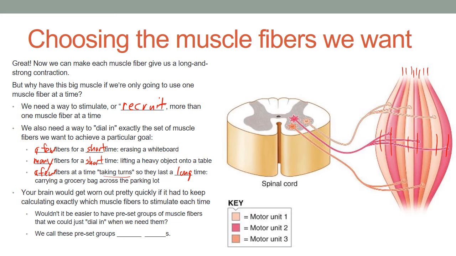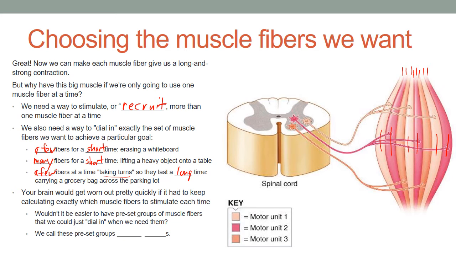Now, the other issue here is that not just your muscles would get worn out, but your brain would get worn out pretty quickly if it had to keep calculating exactly which set of muscle fibers to stimulate each time. You know, which muscle fibers have I used, which ones need a rest, and which ones can I use again? So it's easier to have preset groups of muscle fibers.